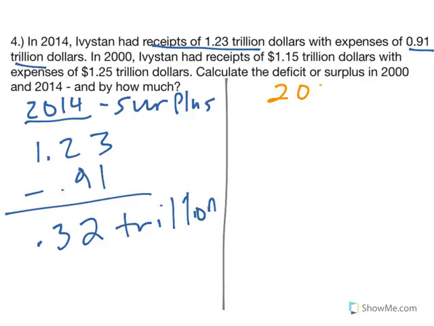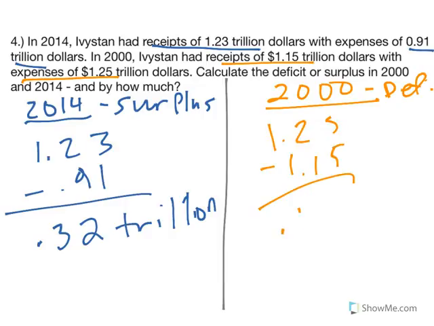In 2000, you can see that the receipts are 1.15, expenses are 1.25. Expenses are bigger. We have a deficit in 2000, and by how much? Well, if we subtract, $0.10 trillion. And so there is that problem.